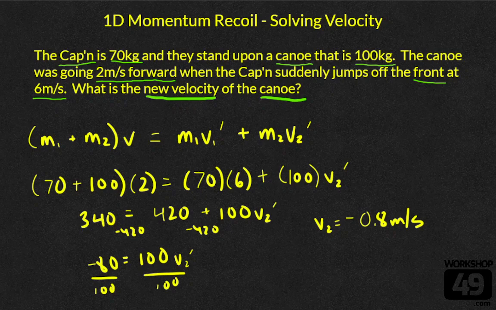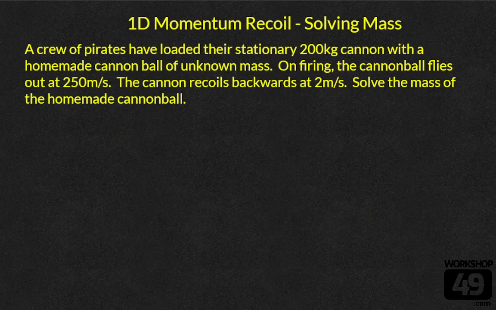Let's take a look at another example where we're solving for mass. So this is also a one-dimensional momentum recoil problem. That means two objects starting together and then separating, only this time we have an unknown mass. Let's highlight the key information. A crew of pirates have loaded their stationary, if you remember, stationary means not moving, 200 kilogram cannon with a homemade cannonball of unknown mass.